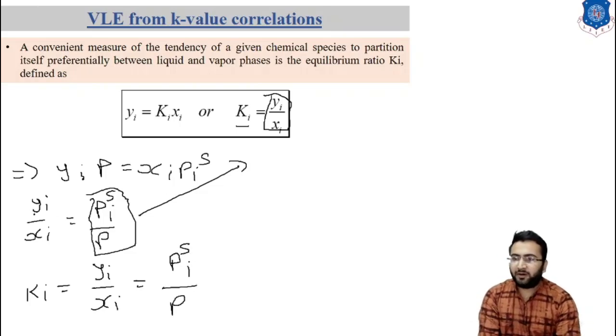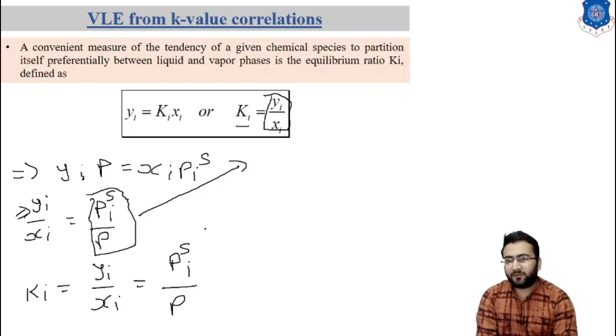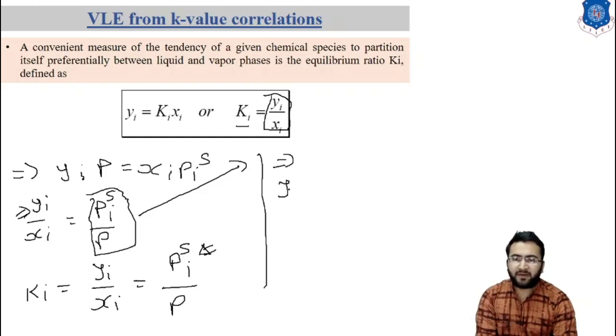So if we do not know the mole fraction of any component, we can still find which component is more in the vapor phase or more in the liquid phase using vapor composition data, or we can say partial pressure data. Similarly, we can use modified Raoult's law. For modified Raoult's law, the equation is expressed by Yi P is equal to Xi gamma i Pi saturated.